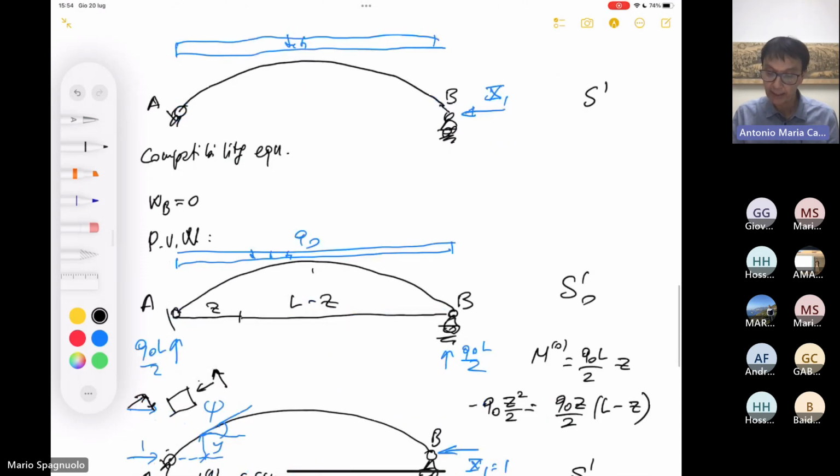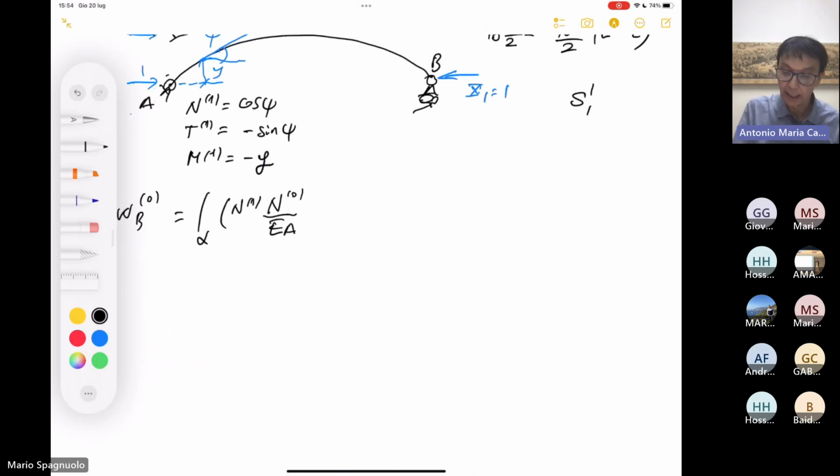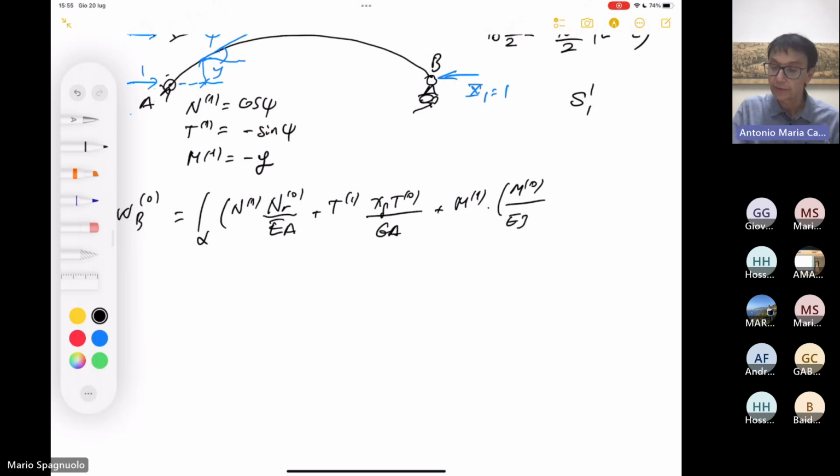So here I have to write N0 over EA plus T1 times chi T0 over GA plus M1 times M0 divided by EJ, minus N0 over EA.